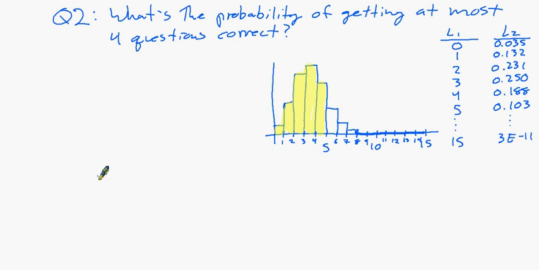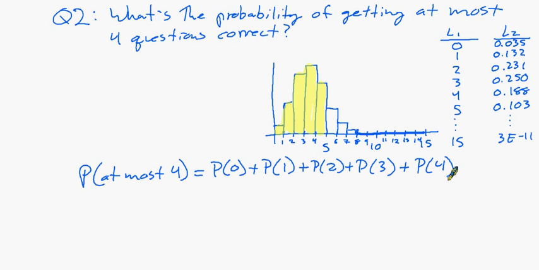And so to do that, we would have the probability of at most 4 equal the probability of 0, 1, 2, 3, and 4.